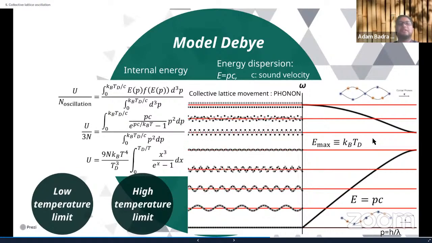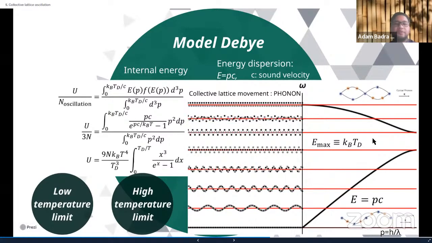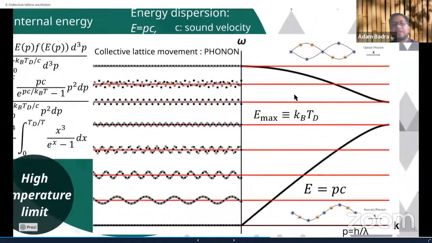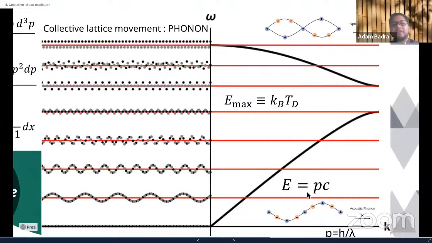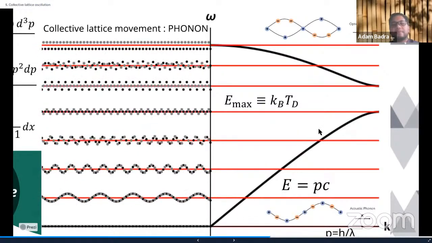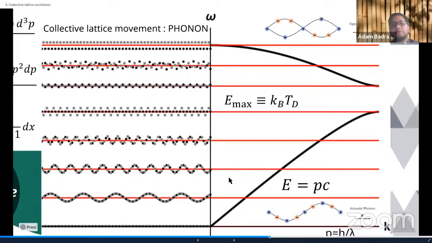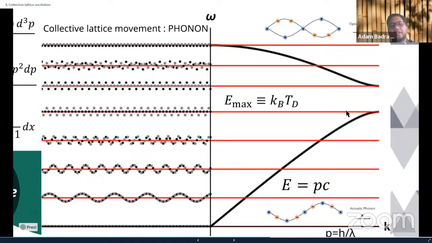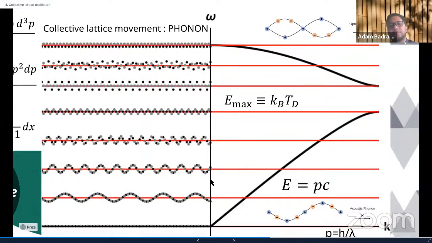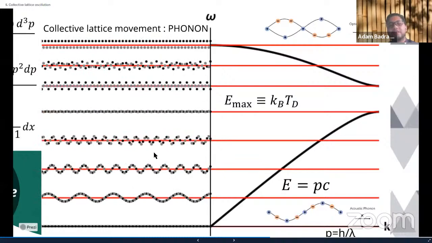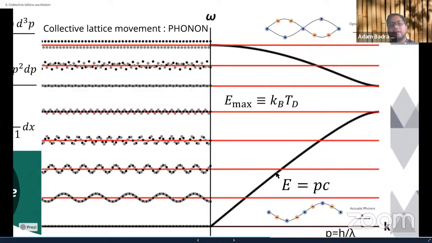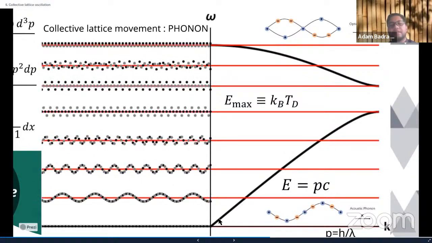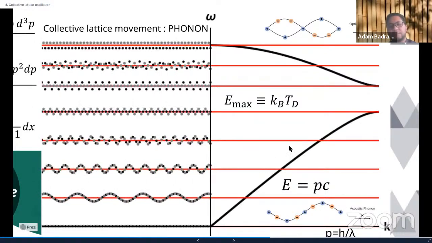So now back to the phonon. This collective phonon movement, we will now study by taking some approximation. As we want to study heat transport, we can focus only on the bottom one, the acoustic phonon. The energy is approximately linear here.